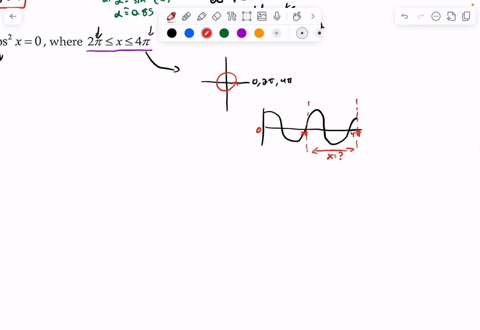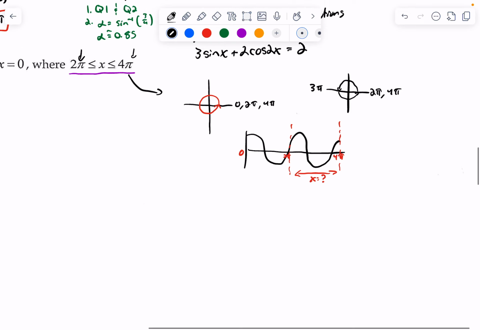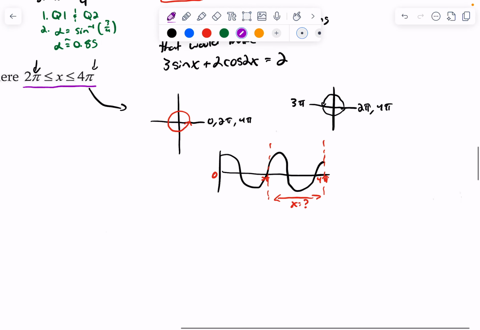So when you think of your axes, your unit circle, you really have to think of it as starting at 2 pi, and let's say you went around halfway, you would end up here at 3 pi. And let's say you went around again, you would end up back at 4 pi, right? So all of our alphas and stuff, let's say we have something that falls into this quadrant right here.